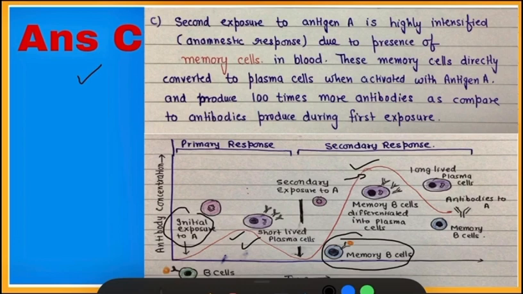These memory B cells convert to plasma cells and these plasma cells produce 100 to 1000 times more antibodies as compared to antibodies produced during the first exposure. So, concentration of antibodies produced during second exposure is more than antibodies produced during the first exposure.